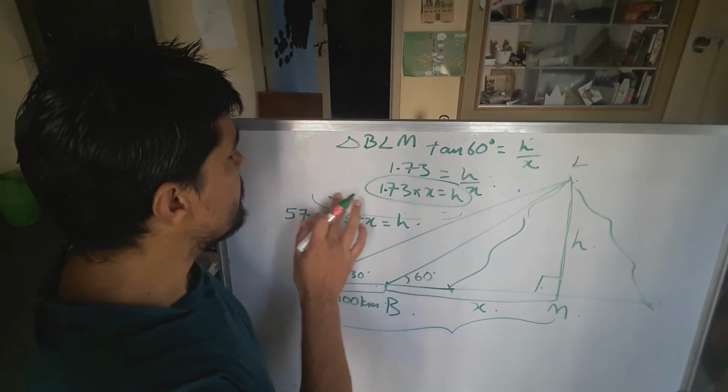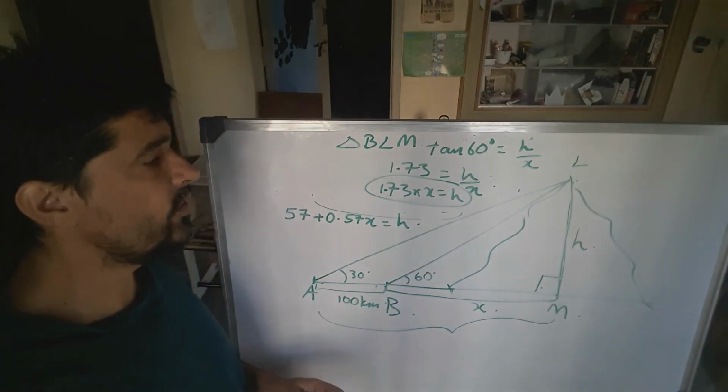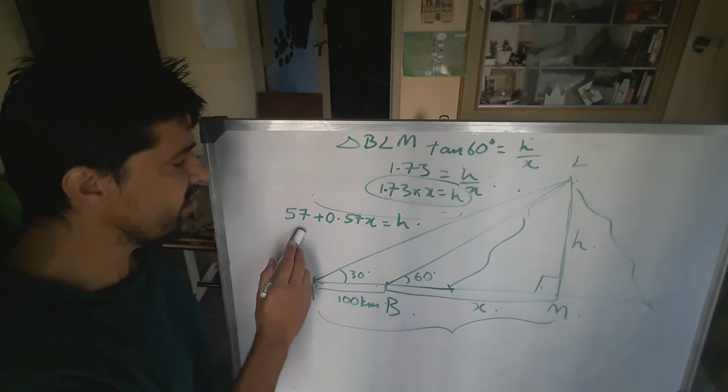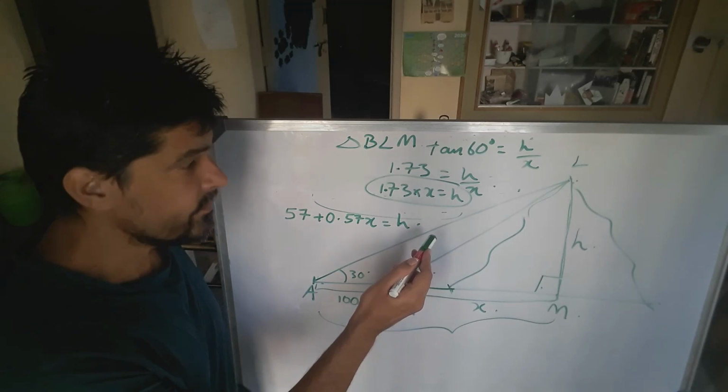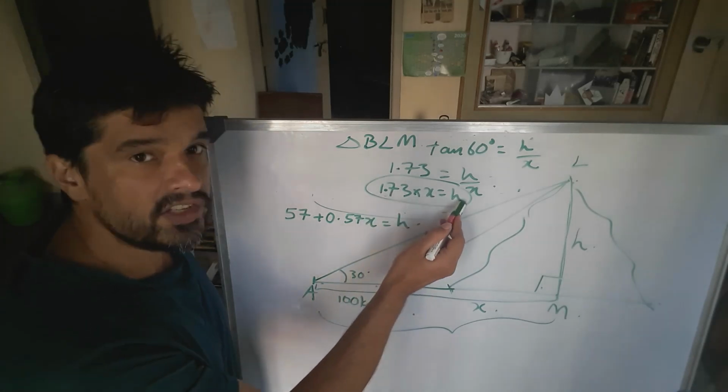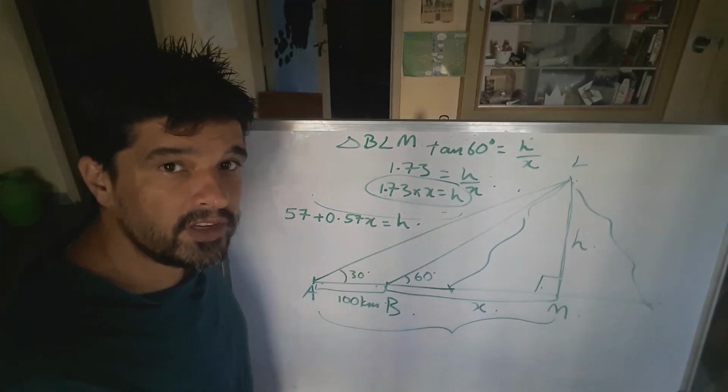I have two equations, students. I'll repeat the equations for you. Equation number 1, 57 plus 0.57x is equal to H. And 1.73 into x is equal to H. What do you observe here?